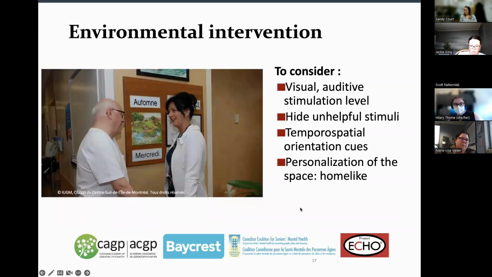When thinking about environmental intervention, one needs to consider first the visual and auditory stimulation level, trying to hide unhelpful stimuli, giving some temporal-spatial orientation cues, and trying to personalize the space so that it is home-like.